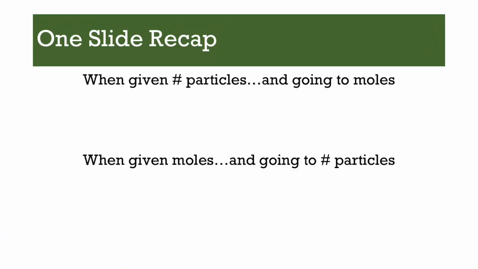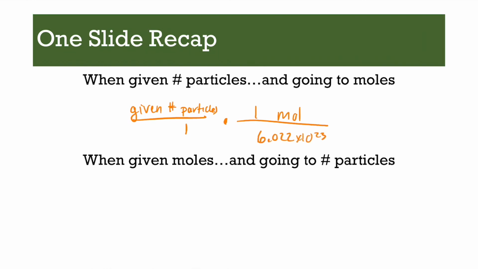Okay, so just to kind of recap when we're going between particles and moles. When you're given number of particles, always put that over 1. And so when you're given particles and going to moles, you're always going to divide by 6.022 times 10 to the 23 particles.